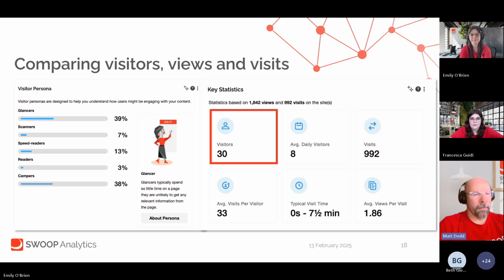That's why I think it's important to use these in conjunction, so that you get a better picture, and then you can set those goals and say, well, for our news pages, we should be aiming to get this percentage of speed readers, or you could look at speed readers and readers and campers combined being above a certain percentage split.